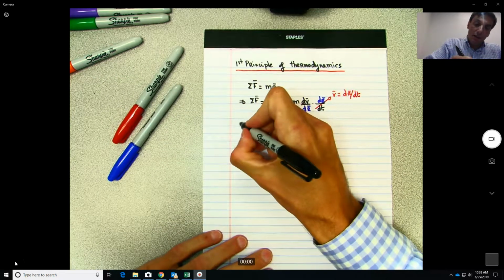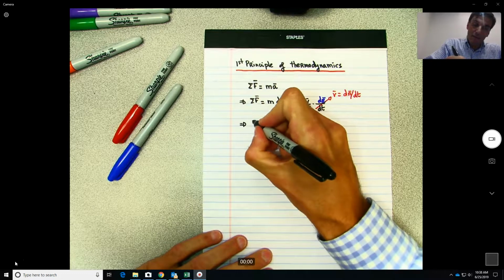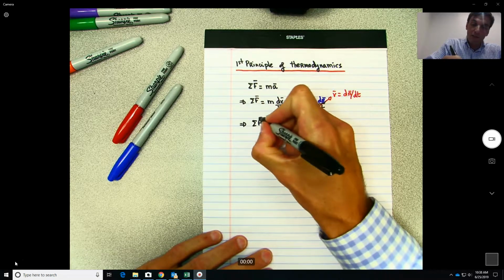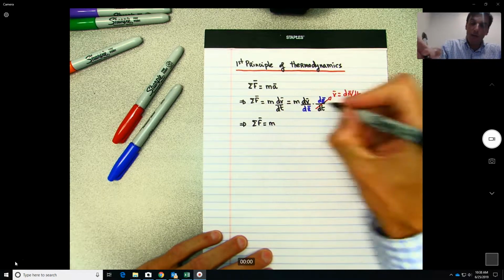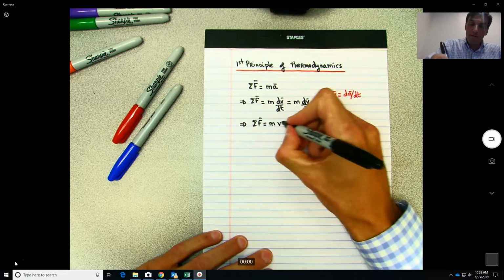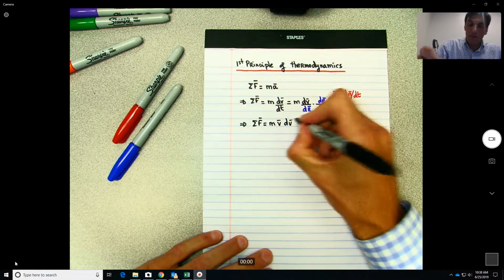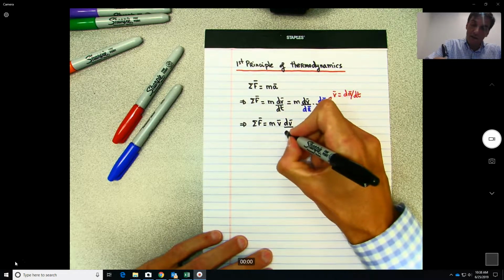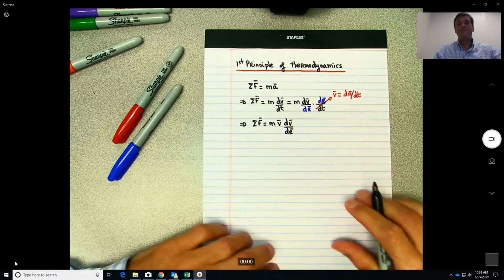So basically that means that we have summation of forces equal to m v dv dr.